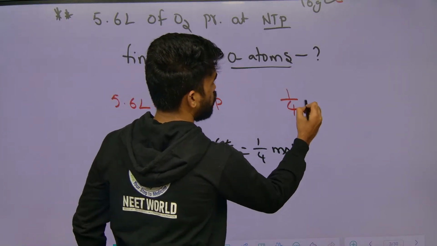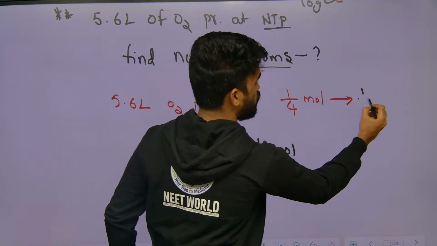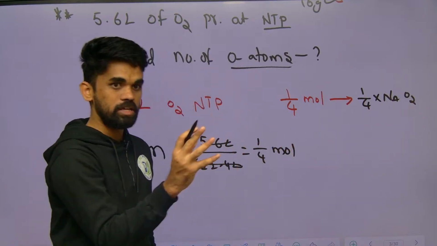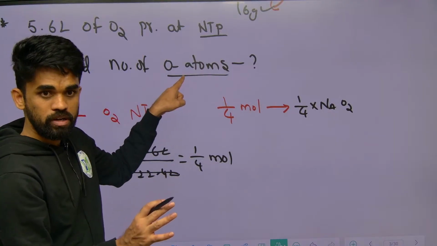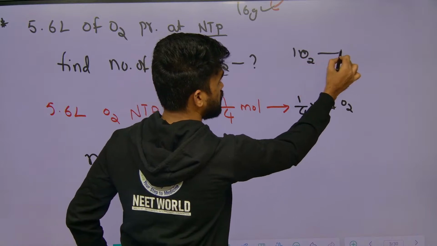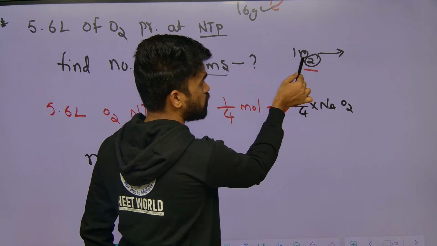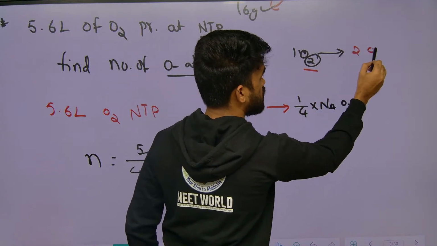1 by 4 mole means 1 by 4 into Na oxygen molecules. But now I am not asking molecules, we are talking about atoms. So one O2 contains how many atoms? 2, because atomicity of oxygen is 2. So one molecule of oxygen contains 2 oxygen atoms.